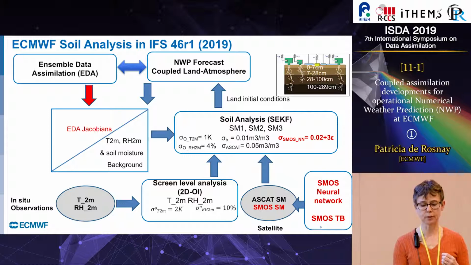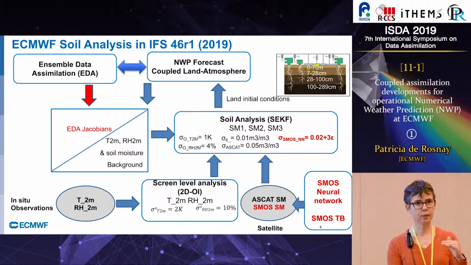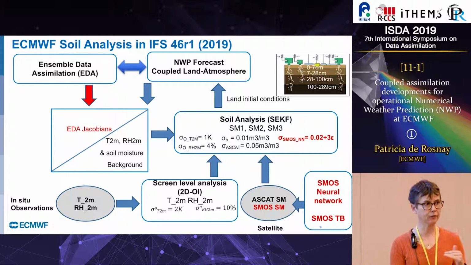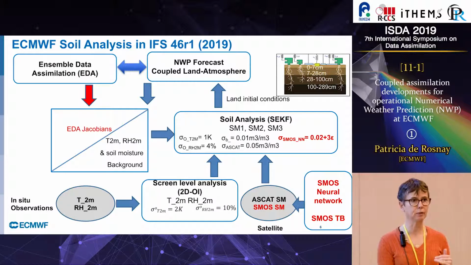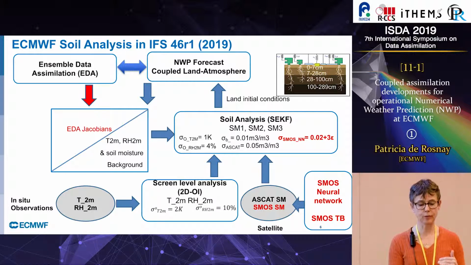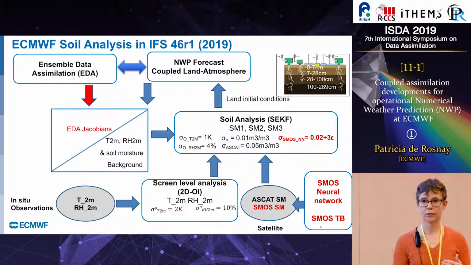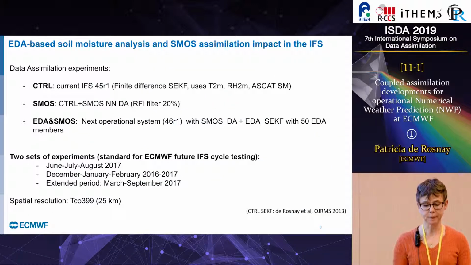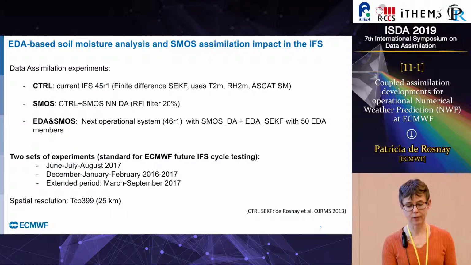Instead, we compute perturbed trajectories for each analyzed variable. And from these perturbed trajectories, we compute the Jacobians. It's very expensive in computing time. And this is also one of the motivations to replace the finite difference Jacobian computations by using the EDA. So in the control, we compute the Jacobians in finite difference. And we use for observations 2-meter temperature, humidity, and ASCAT soil moisture.